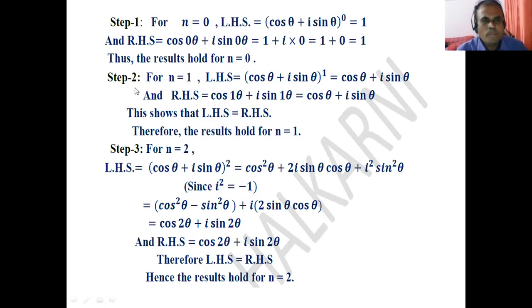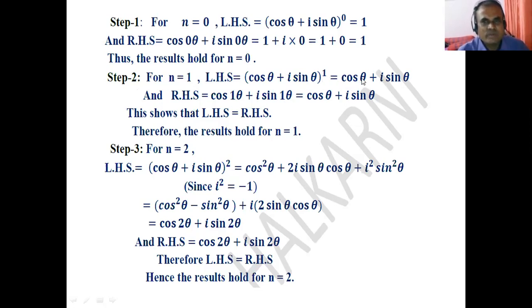Now step 2, for n equal to 1. The LHS of De Moivre's theorem is (cos theta plus i sin theta) raised to n equal to 1. Any number raised to 1 is itself, so its value is simply cos theta plus i sin theta.